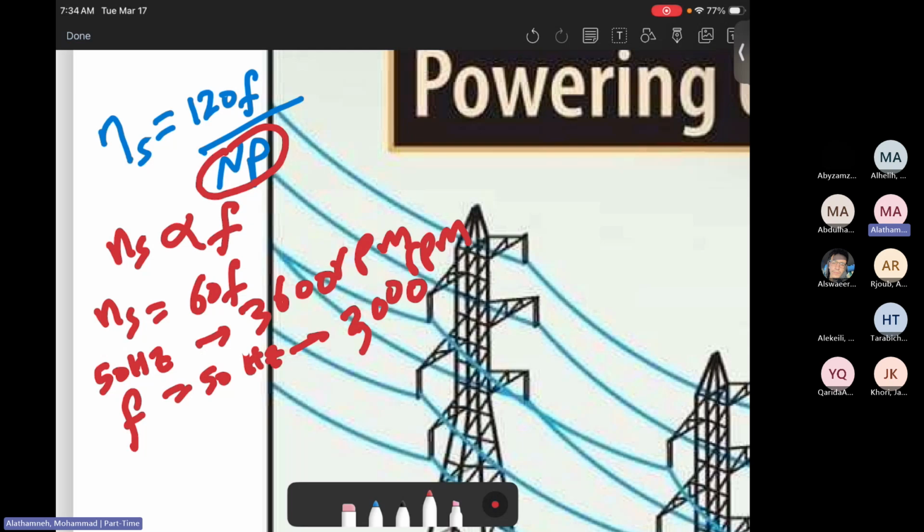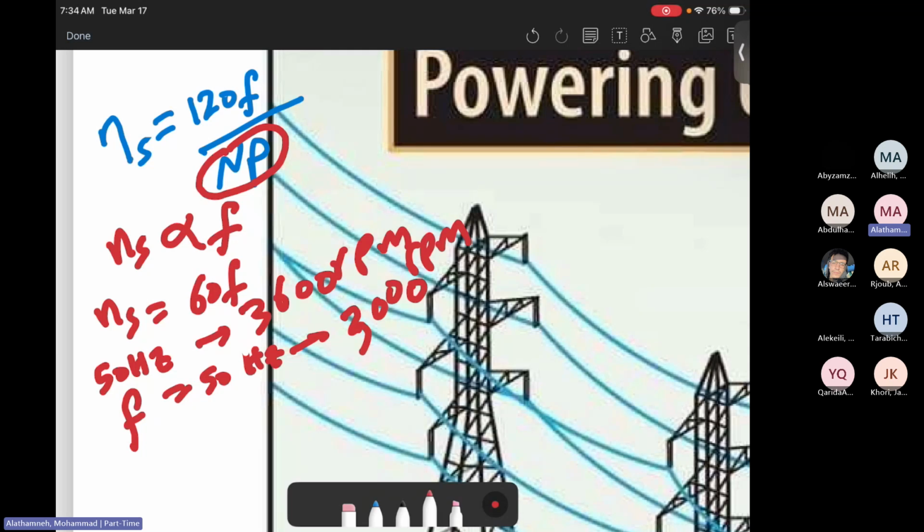So in order to make it a trade-off, they said, okay, let's make it 50 hertz. In the United States, they did 60 hertz, while the researchers in Europe did 50 hertz. Everybody did it their own way.